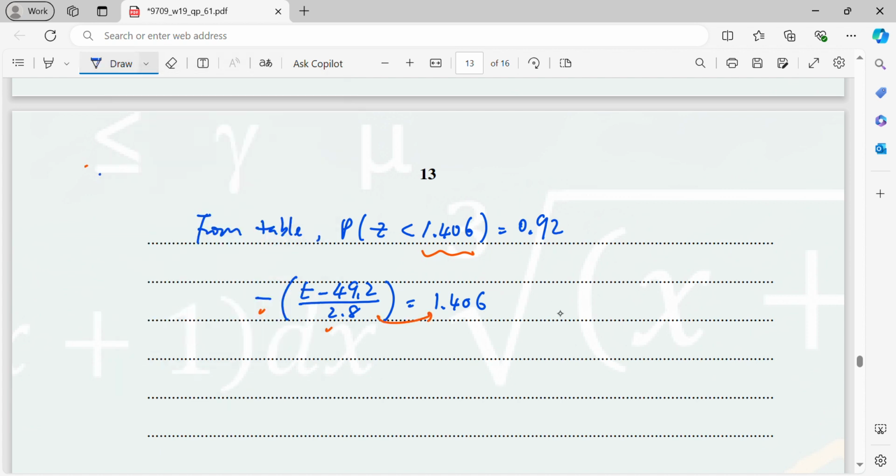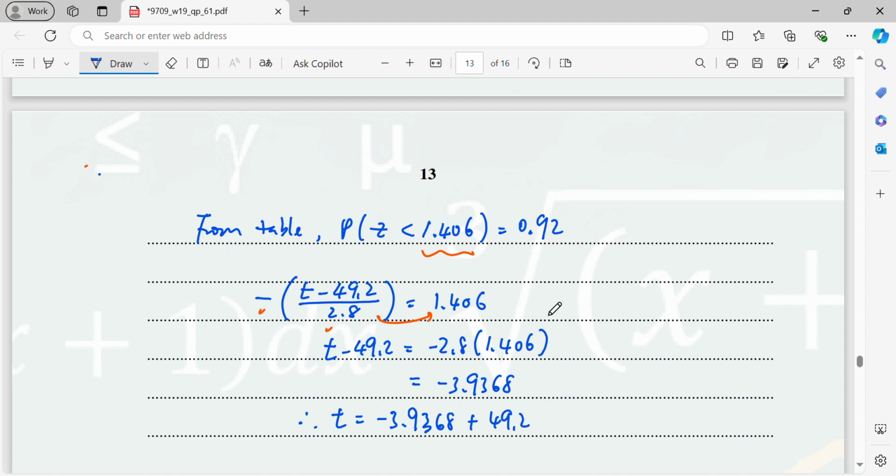So t - 49.2 equals negative 2.8 times 1.406, which is negative 3.9368. At last, your t is negative 3.9368 plus 49.2. That is going to be 45.3. That is your t value.